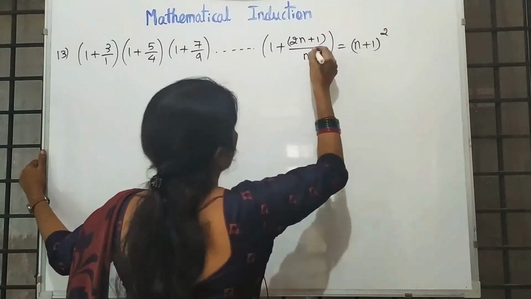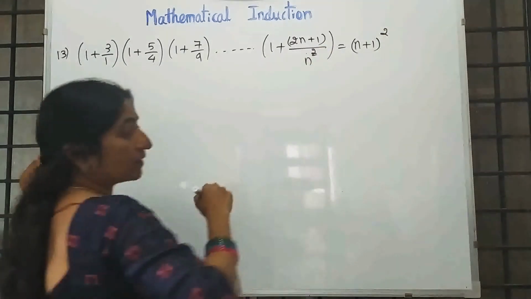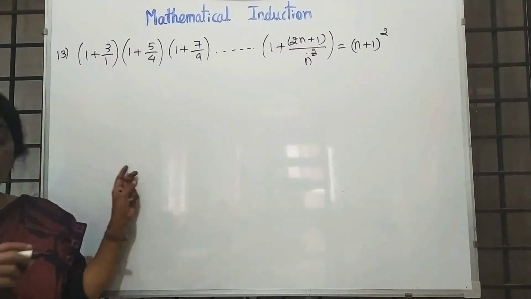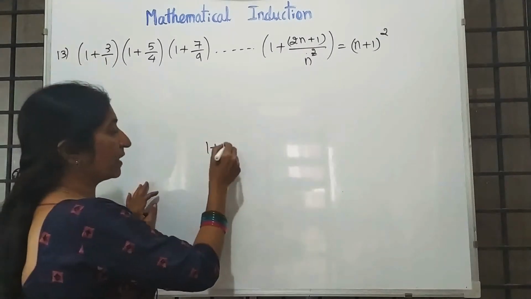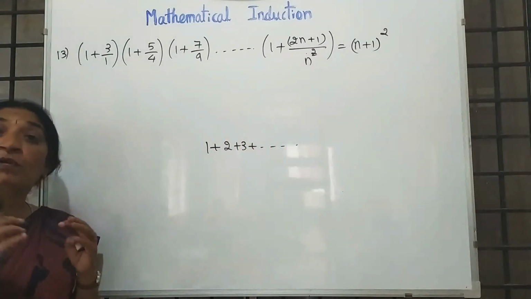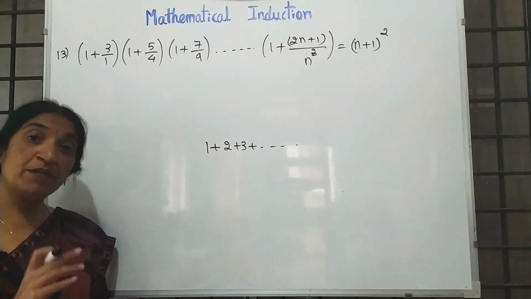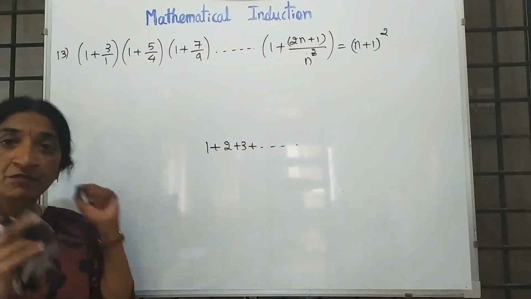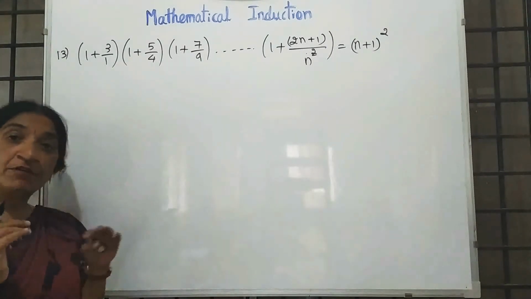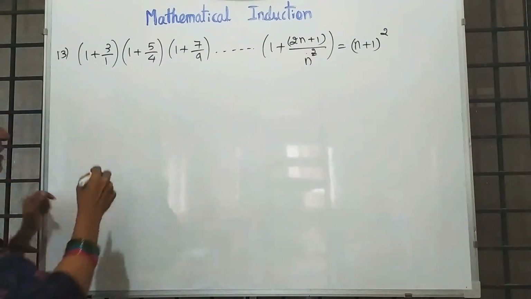In the previous example, just go back and see, after every term there is a plus. In between the terms we have a plus like this, 1 plus 2 plus 3 plus continuation. We have the problem like this, but here in between the brackets we have a multiplication. That is the difference we are finding between the previous example and this example.